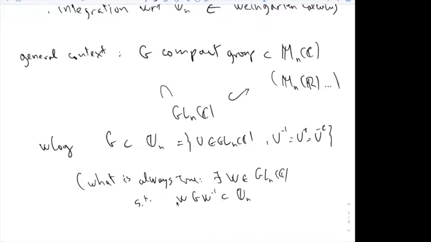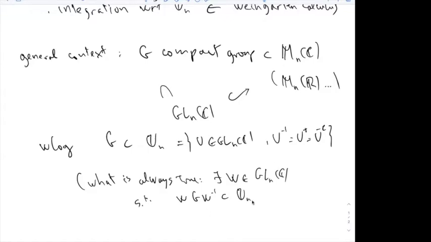And by the way, conjugation by W is invertible, so this is just an invertible map from M_n to M_n. The topology remains the same, everything remains the same.